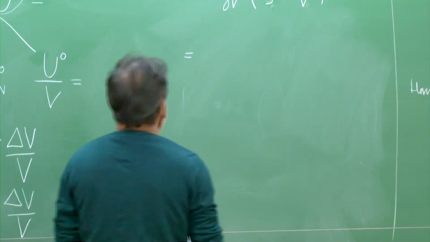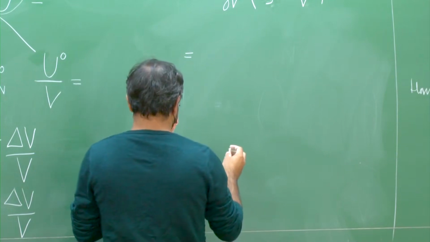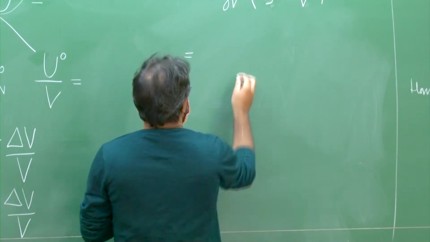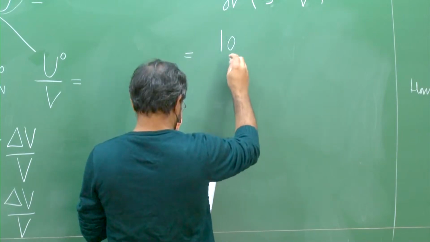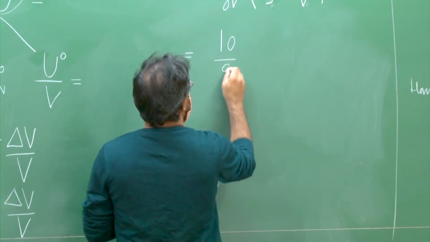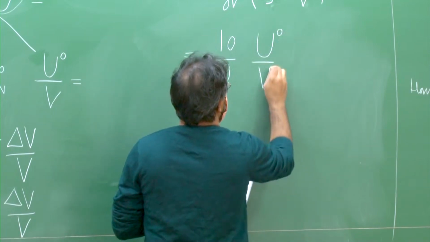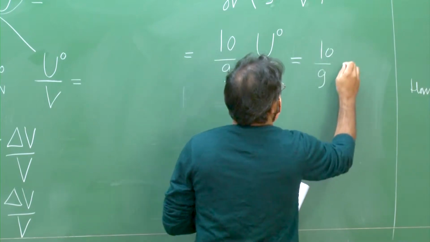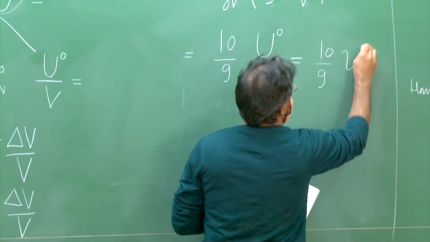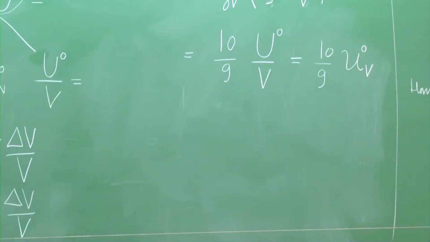What you will get at the end of the day is this: 10 over 9 u naught by v, or you can say 10 by 9 u naught over v. That will be the expression for the bulk modulus.